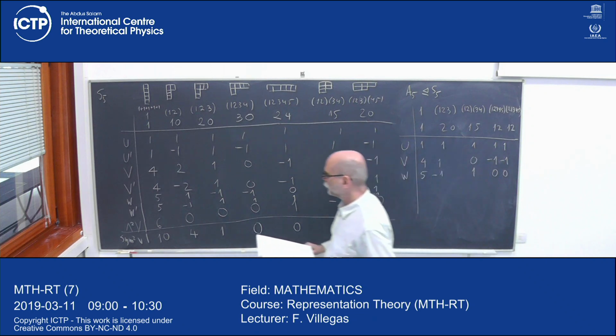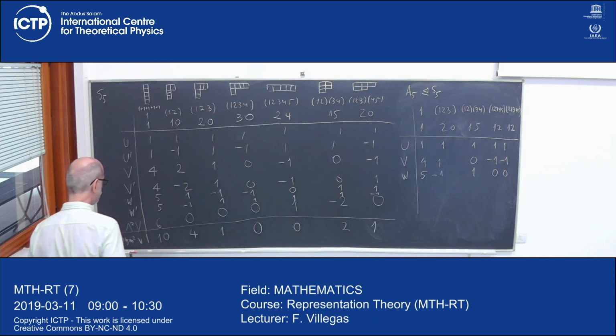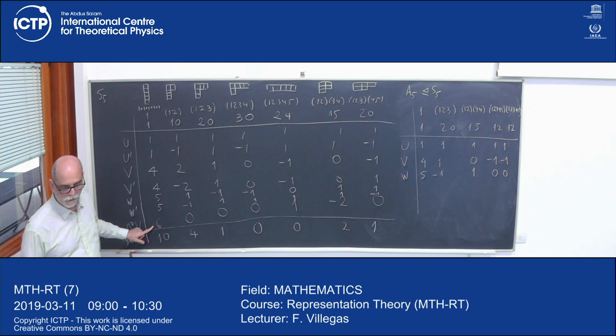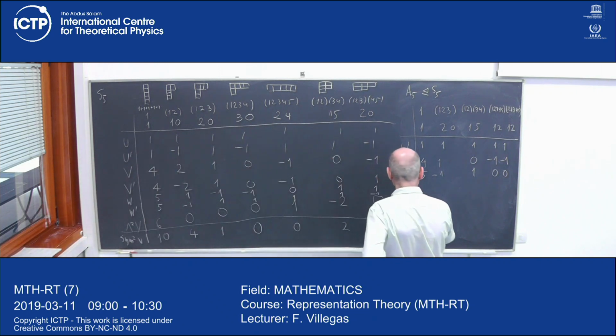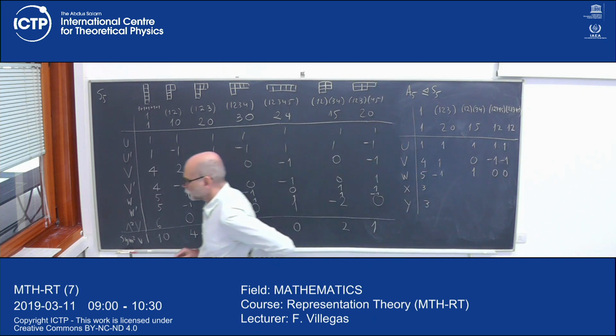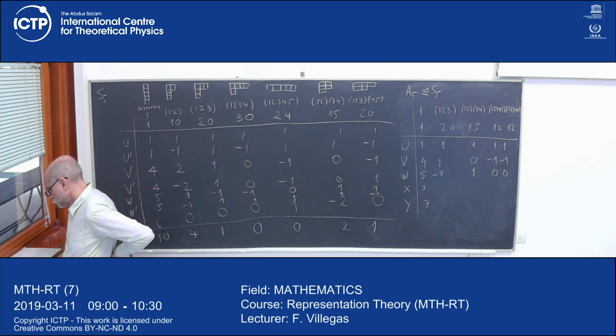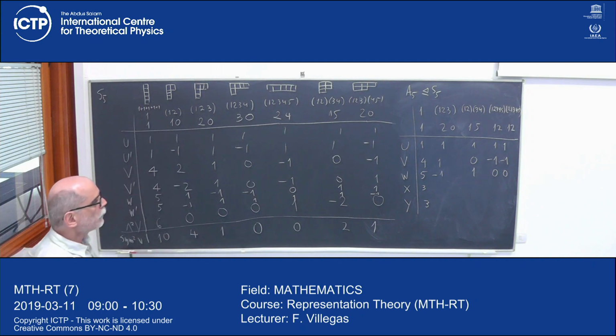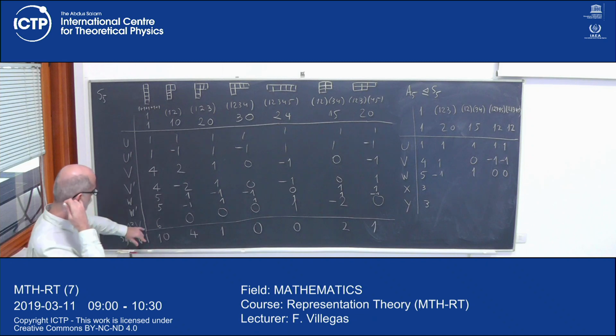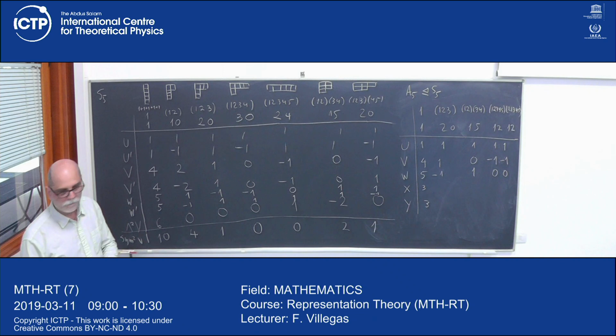And now we see a similar phenomenon to the conjugacy classes. The 6-dimensional representation actually breaks up into 2 irreducibles of dimension 3. So we have an X and a Y of dimension 3 that, when added together, give us the restriction of wedge 2 of V to A5.